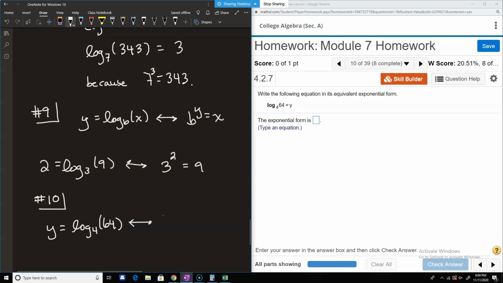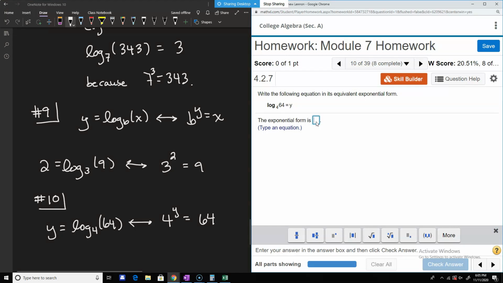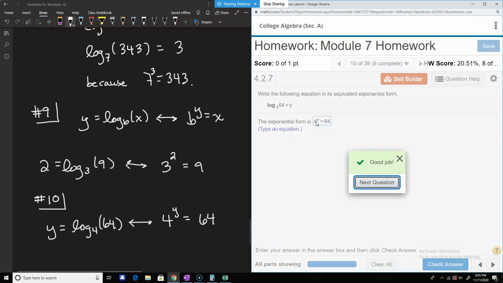Well, you take the base, write it there. So 4 to the y is equal to the number in the parentheses. So 4 raised to the y equals 64. You're not really solving anything, you're just rewriting it according to its definition. So 4 to the y equals 64. All they want you to do.